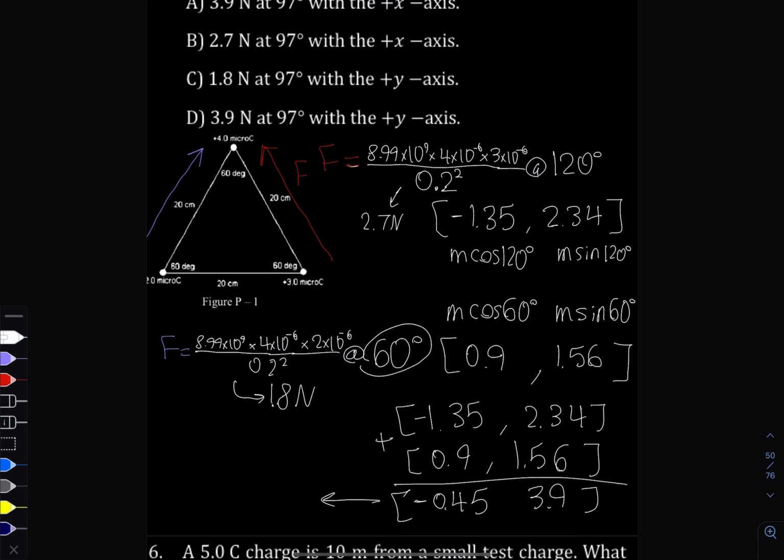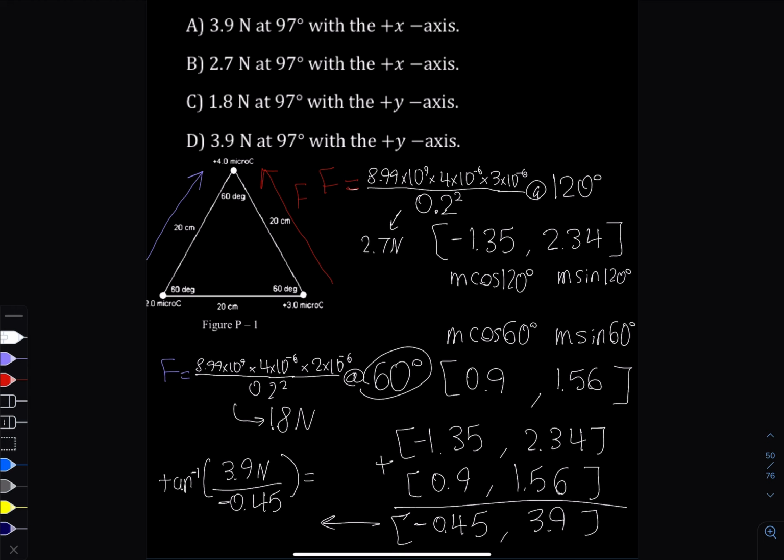So in order to do that, we can basically take the y component over the x component and then put that inside of an inverse tangent function, and that should give us the angle.